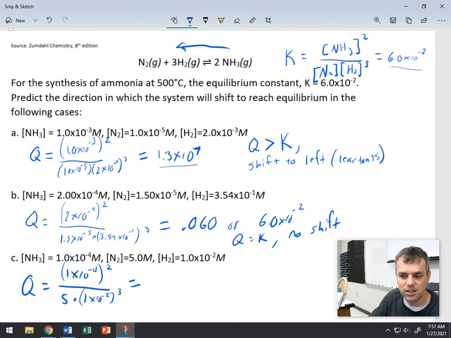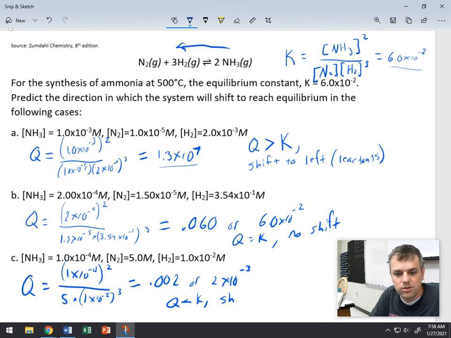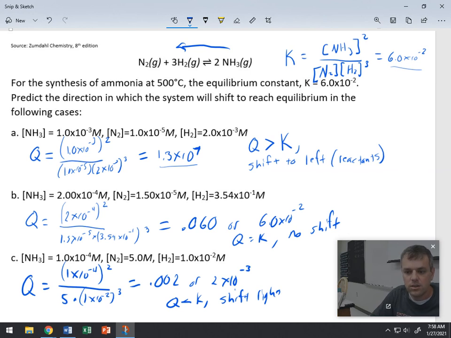So let's plug that into our calculator and see what we get. And I'm getting 0.002, or 2 times 10 to the minus third. Q is less than K, so it will shift to the right. In other words, it will make more products.